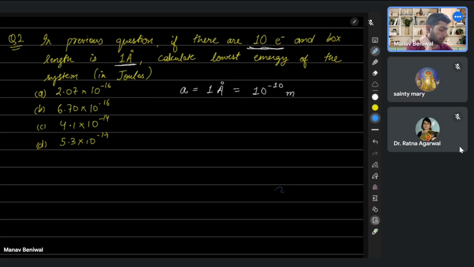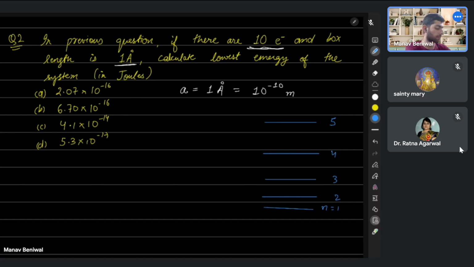Again, if we draw the energy levels like this, let's say this is n equals 1, 2, 3, 4, 5.